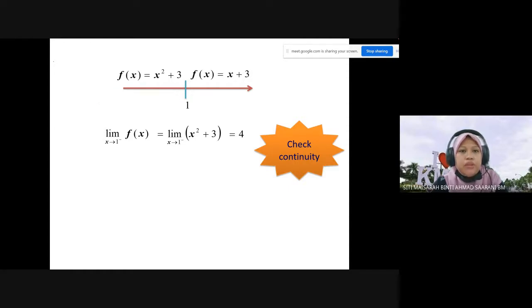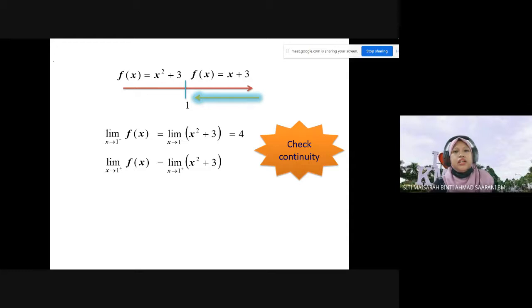And then we repeat for limit x approach 1 from right, which is X plus 3. Okay. So then 1 plus 3, which is equal to 4. Ini pun 4 juga.